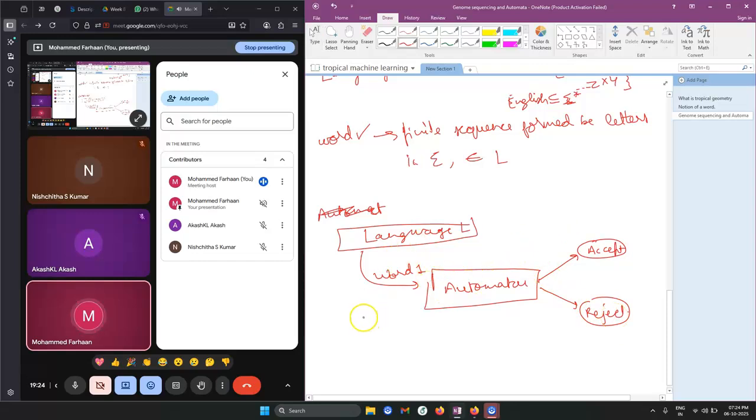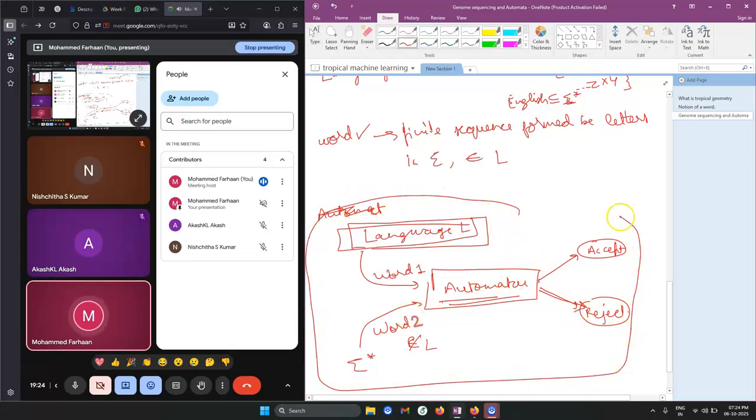Makes sense? Similarly, if I have another word and I have designed my automata to detect this language L, and I have a word that comes from some random sigma star that does not come from L, then what is it going to do? It's going to reject my word. And that's the basic idea of what I want my automata to do. So an automata is used to recognize a given language.